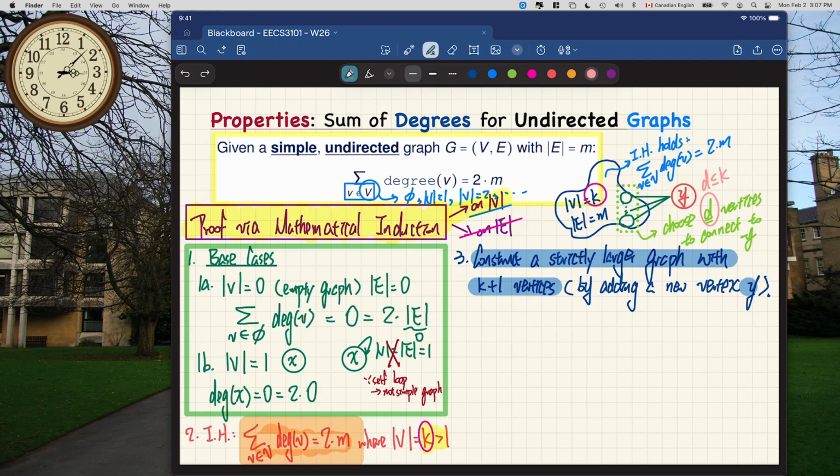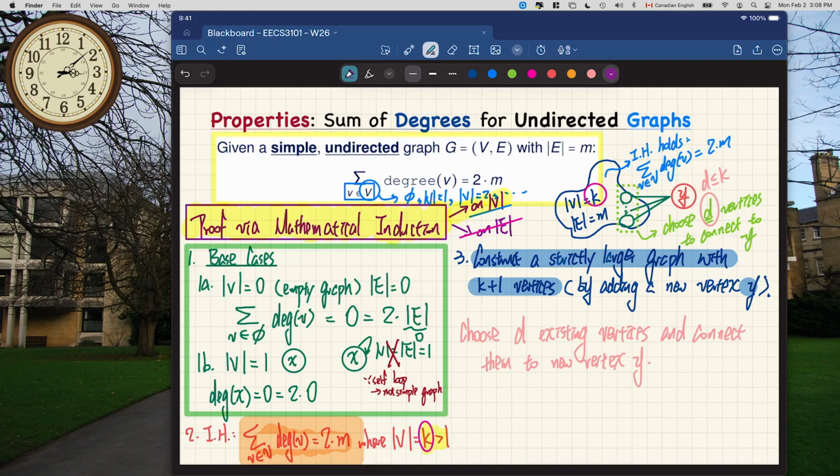So what we do is we want to choose the existing vertices and connect them to the new vertex y.